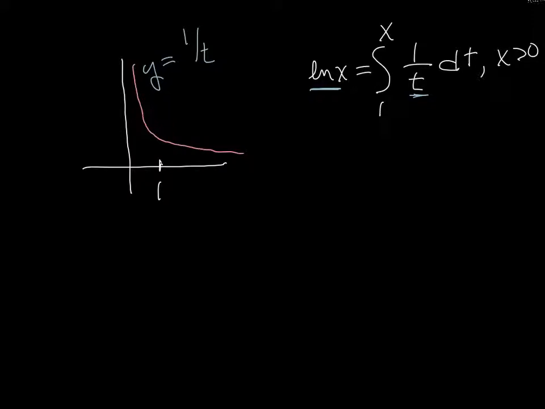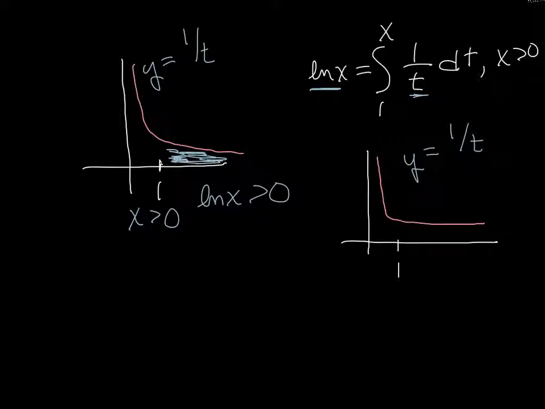So if x is some value greater than 1, and we're going from 1 to that x value, that would represent this area. This is going to give us a positive value. So if x is greater than 1, then the natural log of x is also going to be greater than 0.